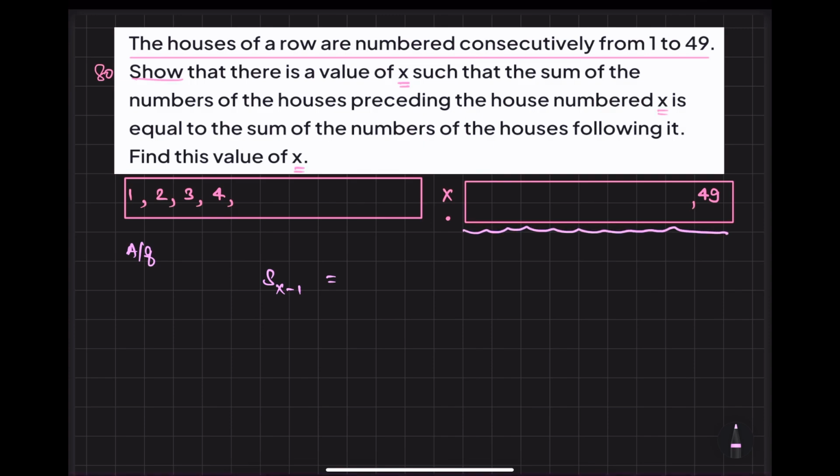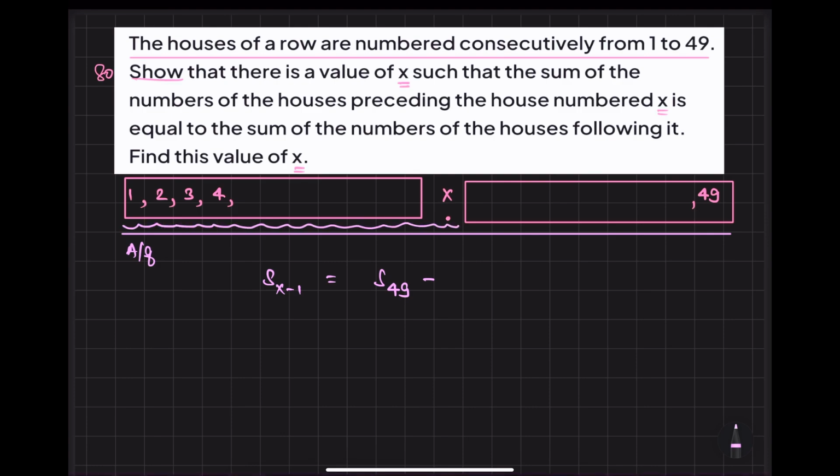So what I will do, I will add everything: S49 minus Sx. Don't you think you will get that second box? Correct? I hope till this part you guys are comfortable.